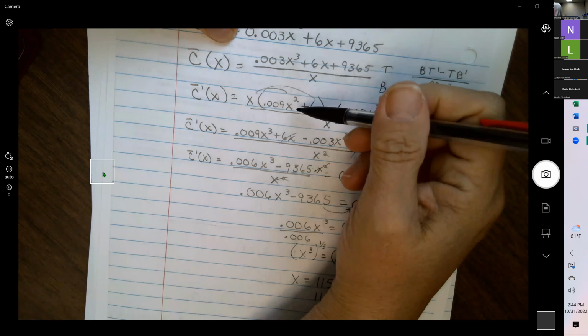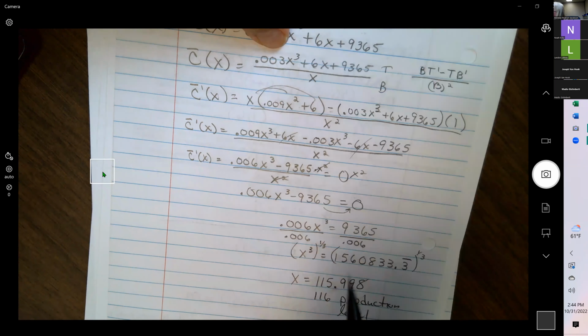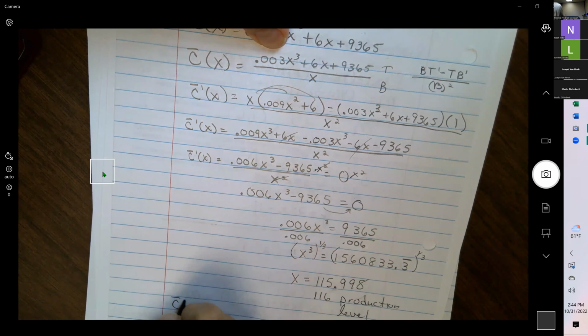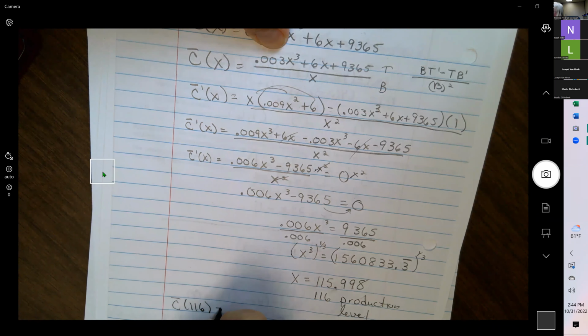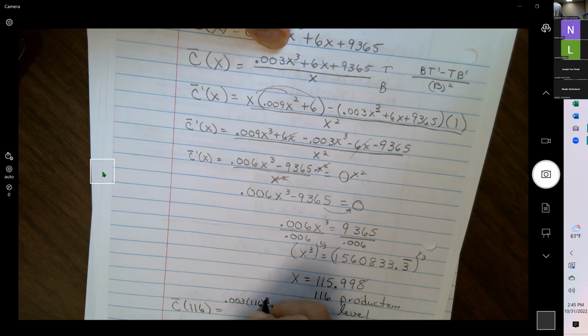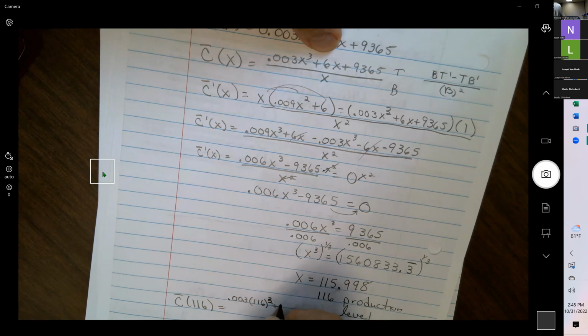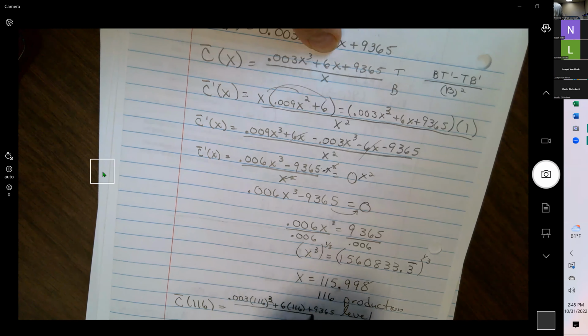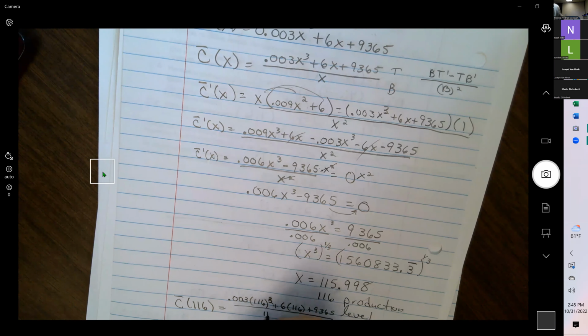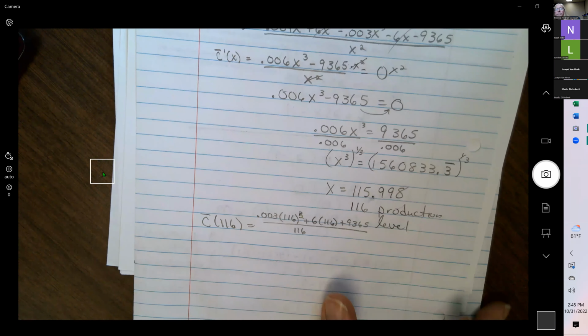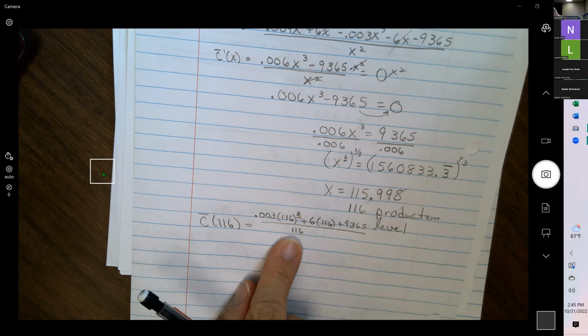Go to where your derivative is and go to the one before. So we're plugging it into the average cost.